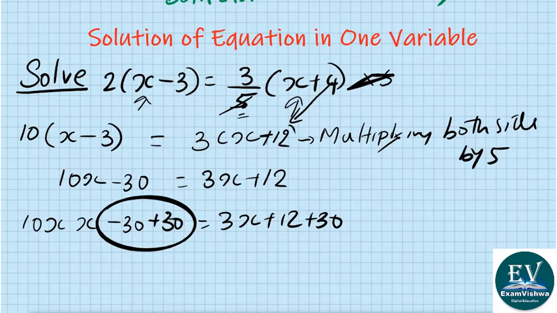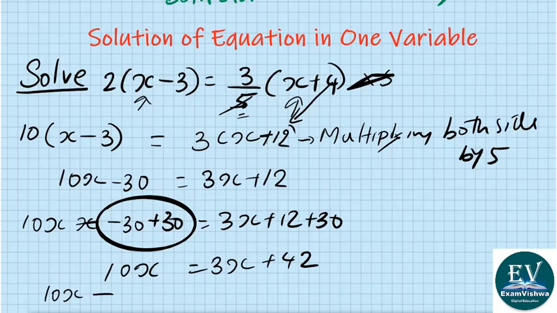So that became, there is no constant here, 10x minus 30 plus 30, so remaining is 10x here, no problem. Here it became 3x only, 12 plus 30, 42. Now I will bring this 3x to the left side. For that I should do 10x minus 3x.